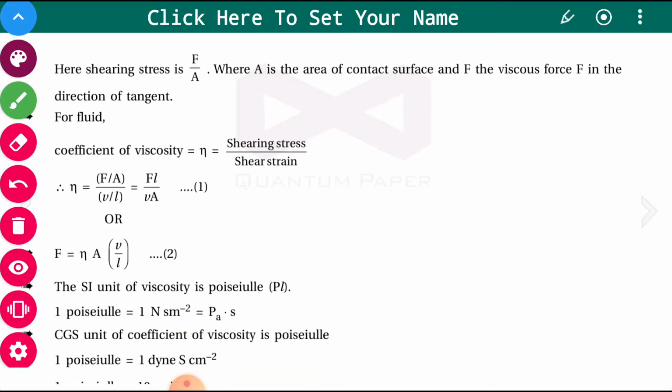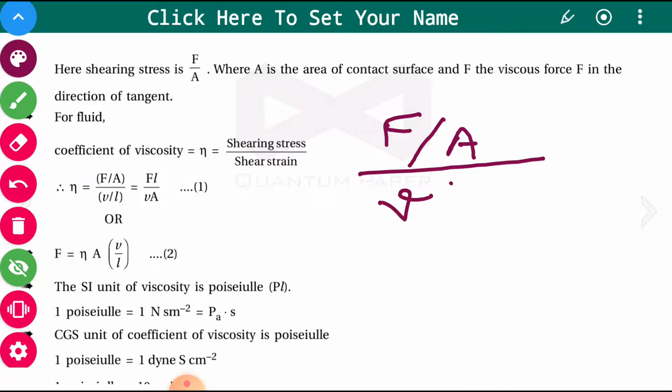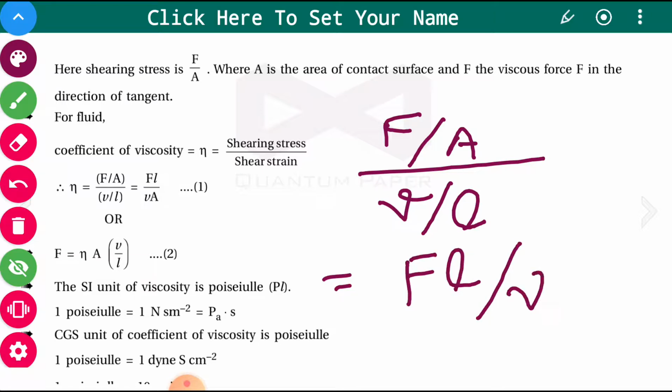Shearing stress F upon A divided by shearing strain V upon L gives FL upon V into A, which is shown here in the first equation.